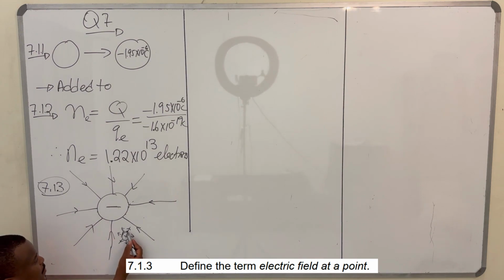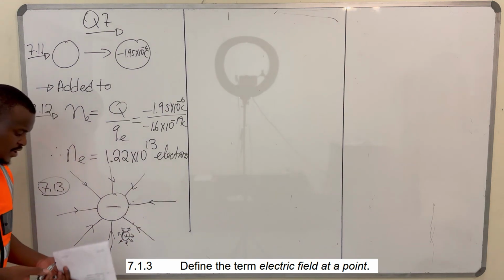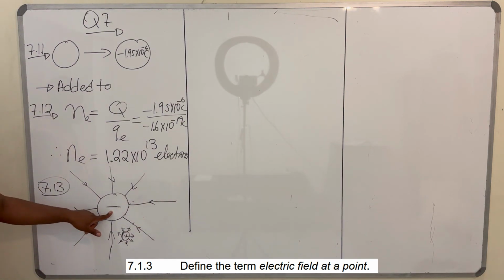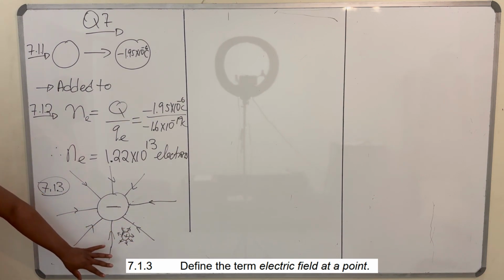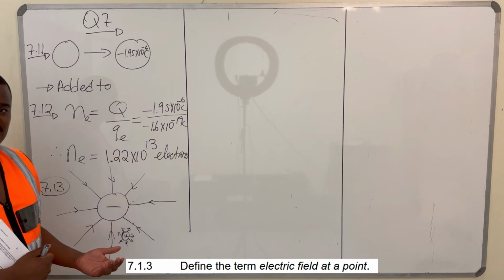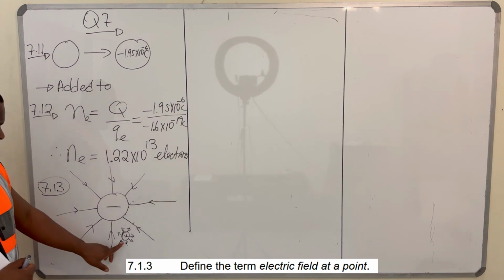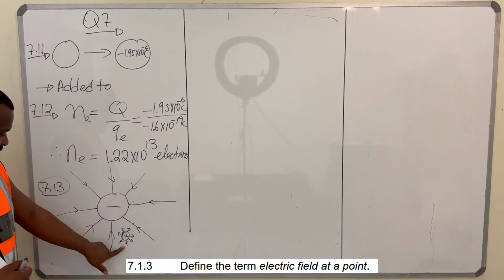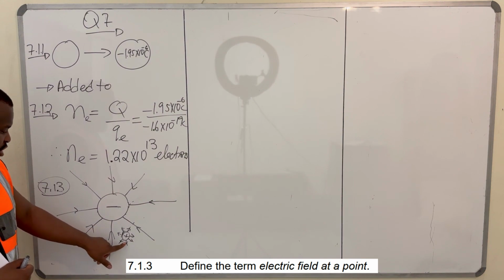There will be an interaction between this field and the field of the negatively charged sphere. That interaction will be in the form of force, right? So to define the electric field, it is the electrostatic force experienced per unit charge placed at that point.